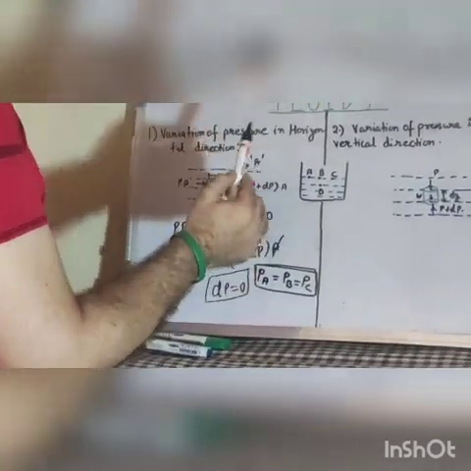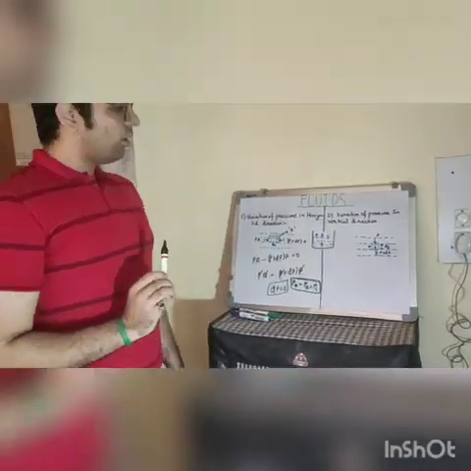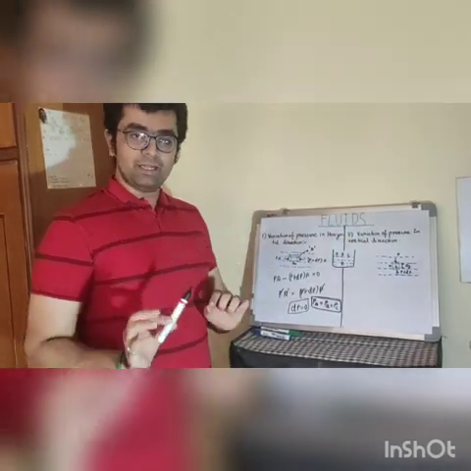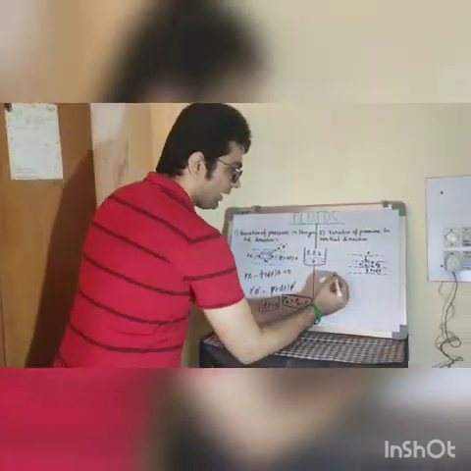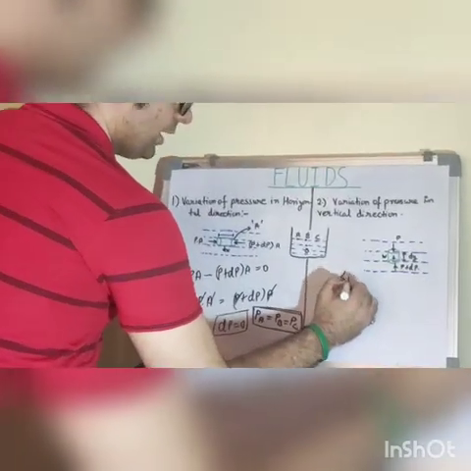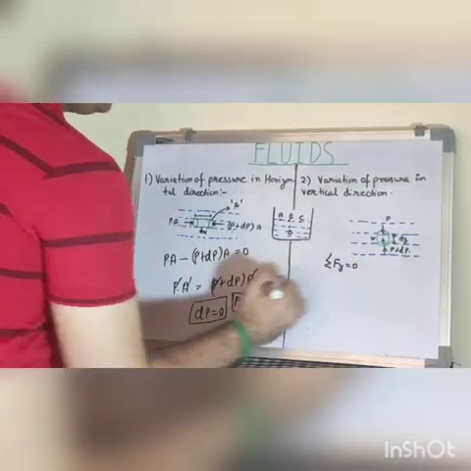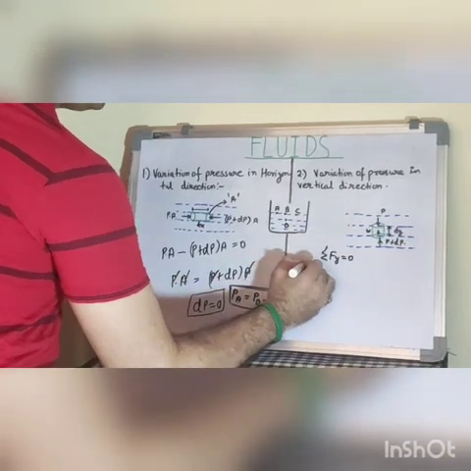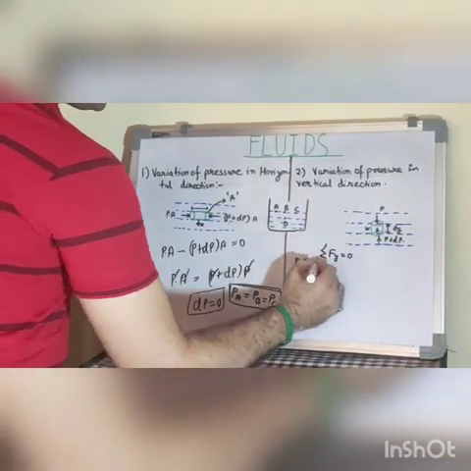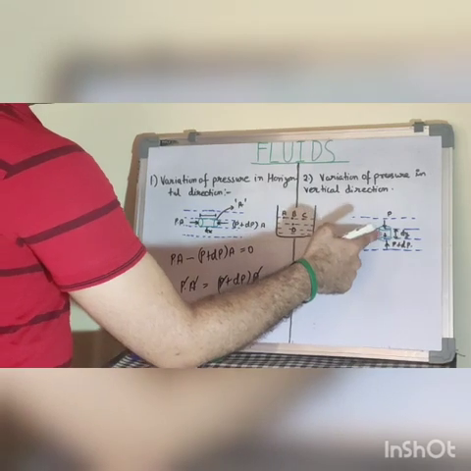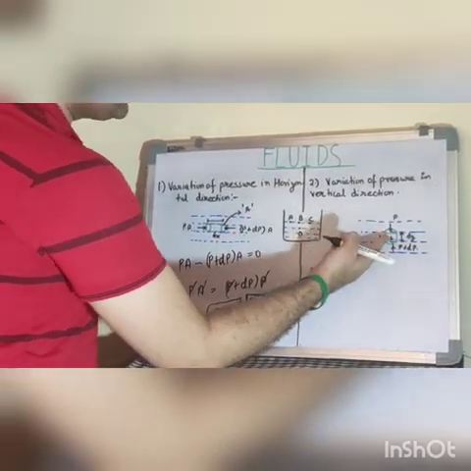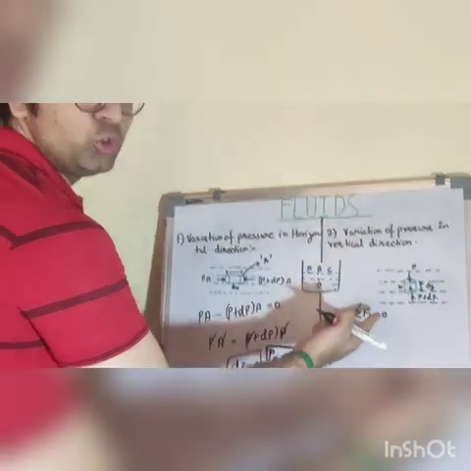I have considered here cylindrical shape. Now we have to again balance the forces, because for this element to remain in equilibrium, all the forces must be balanced. Okay, so we are going to balance the net vertical force. Net vertical force is equal to 0. So we can see that on the upper part, force is P into A, plus here in vertical element one force will add up, that is gravity, force due to gravity.